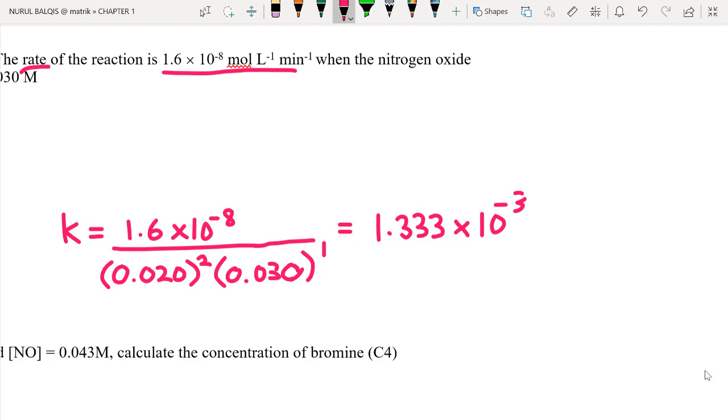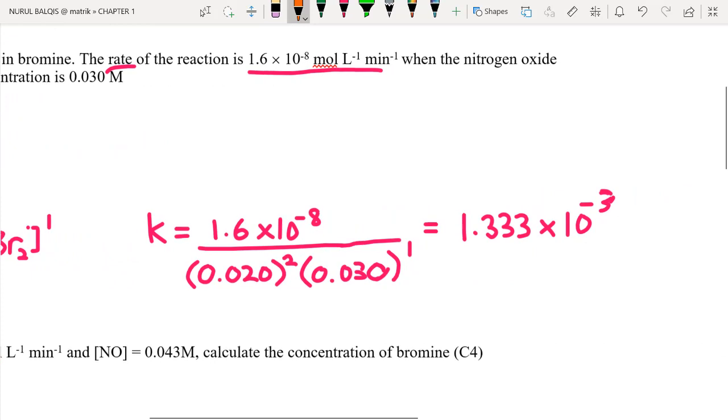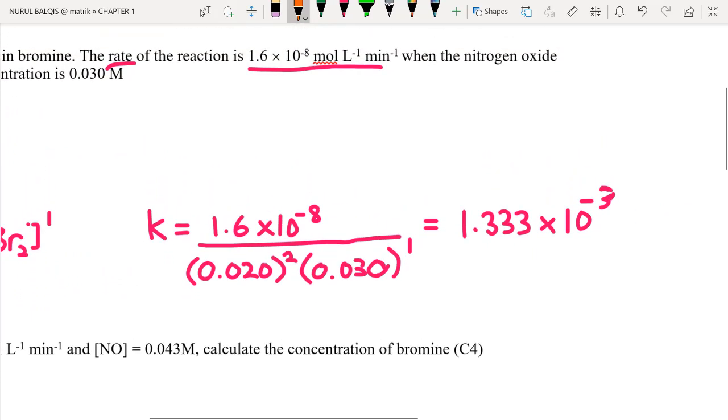So do we have any unit for rate constants? Yeah, we should have one. How do we know the units? Since the overall order of the reaction is third order, we need to do it manually. So we know that for our K, we have mole per liter per minute in the numerator.